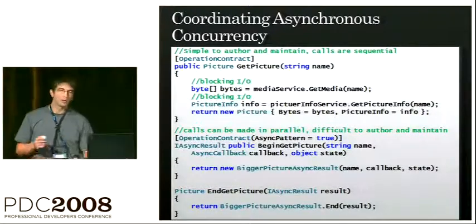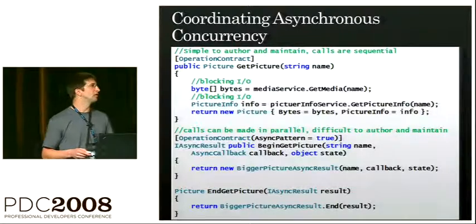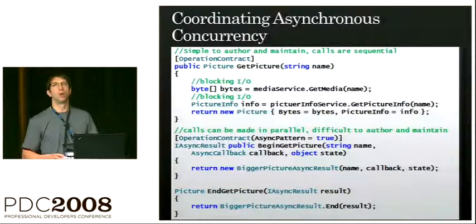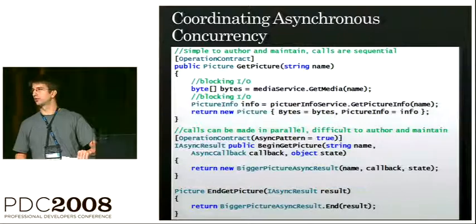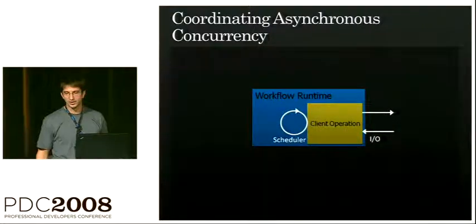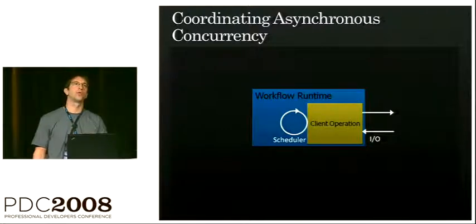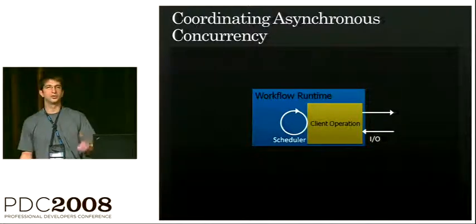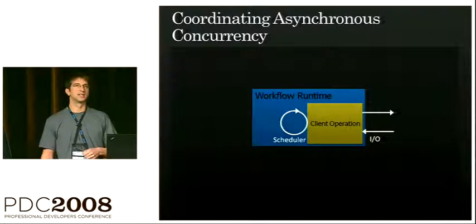And so, ideally, what we'd like to allow you to do is focus on the logic of your service while giving you the perf characteristics that you really want. And workflow is going to give you that performance. It's going to give you the performance of async while allowing you to express your logic simply and succinctly.